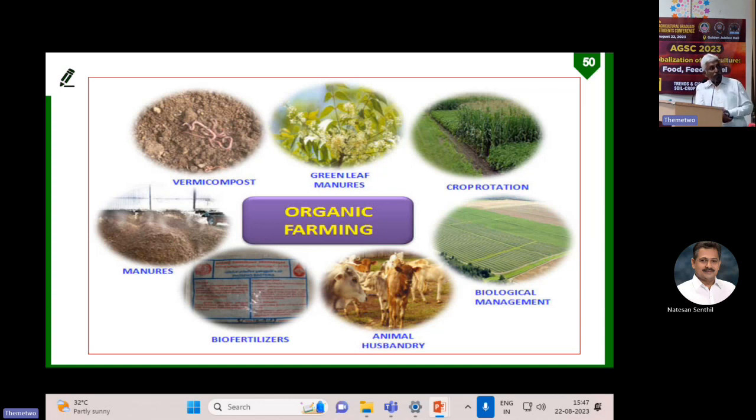Our university wanted to generate a database to give to the government to show whether this is working. Organic farming, which invariably involves manures, rotations, biological management, and animal husbandry, also helps us maintain soil health.